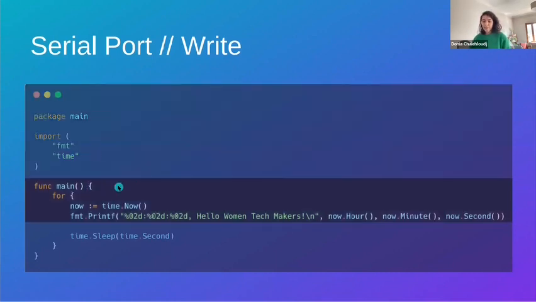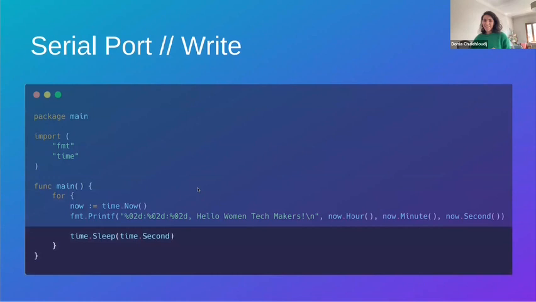And in the main, forever, I will retrieve the time.Now, and I will print it. So I will have the hour, the minute, and the second. And I will say hello to the Women Techmakers. Then we have the time.Sleep. So we wait for a second, and there is no value here, no number, because this is the default value in Go, 1.